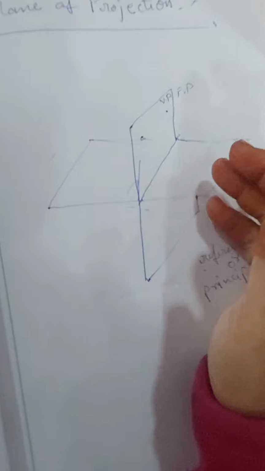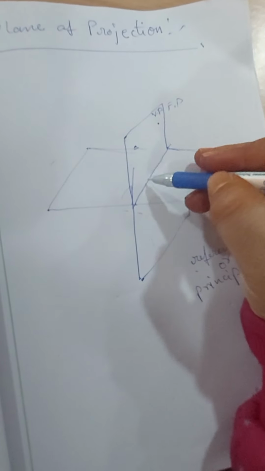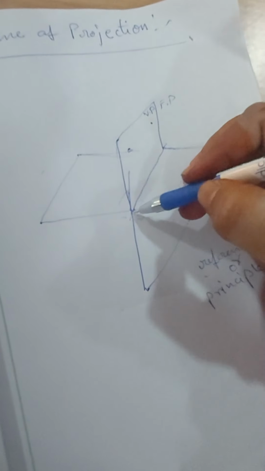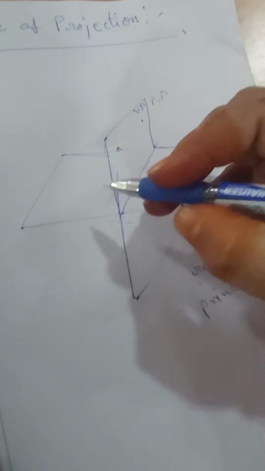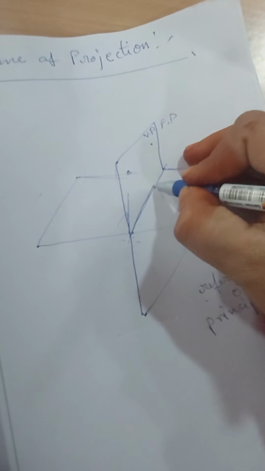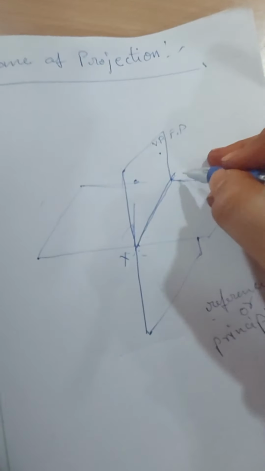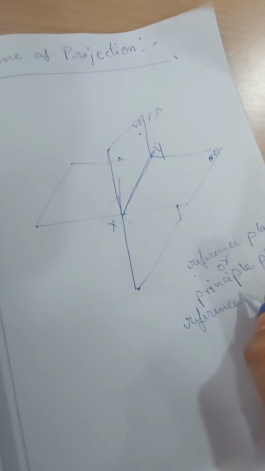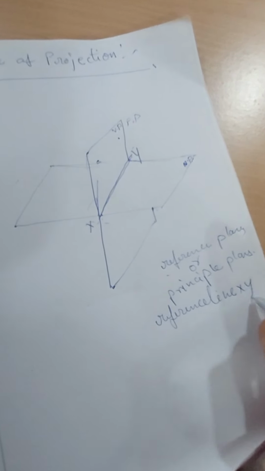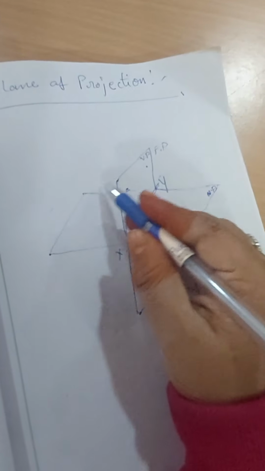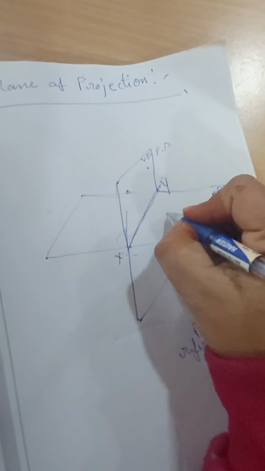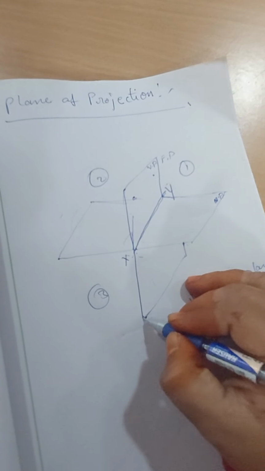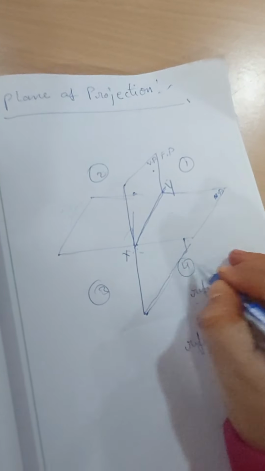The line on which they intersect is termed the reference line. This vertical plane and this horizontal plane intersect along this line, which is known as the reference line XY. And here there are four quadrants: quadrant 1, 2, 3, and this is the 4.